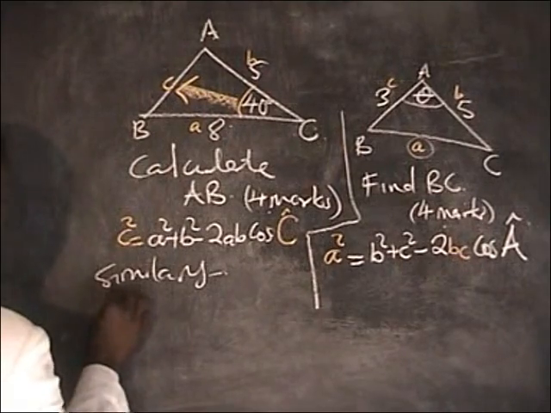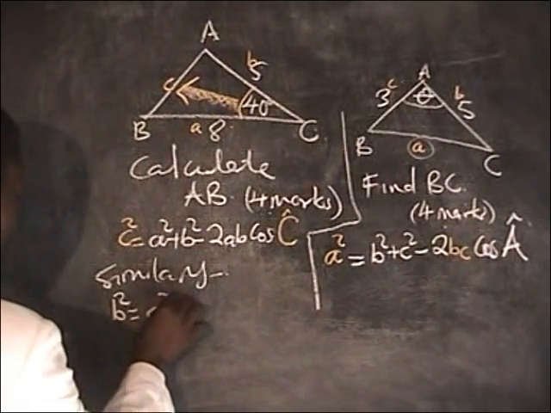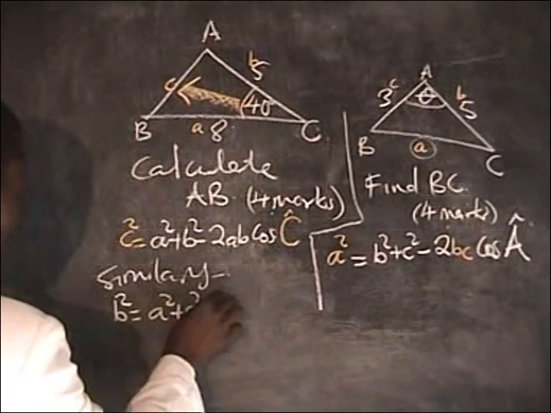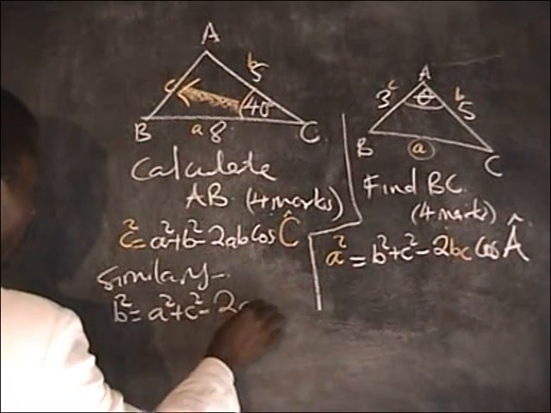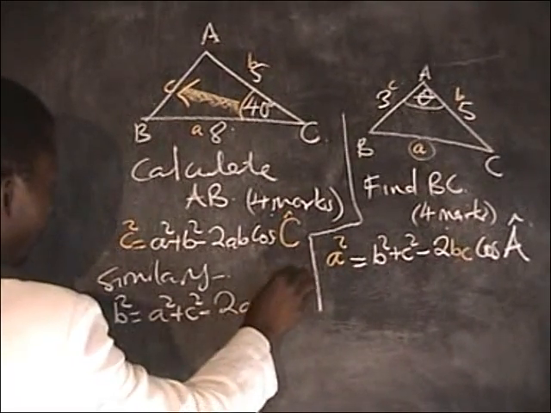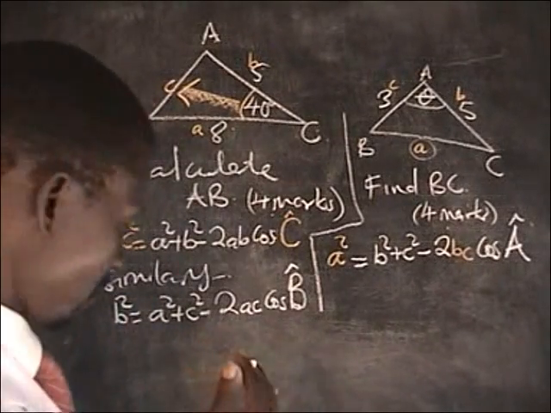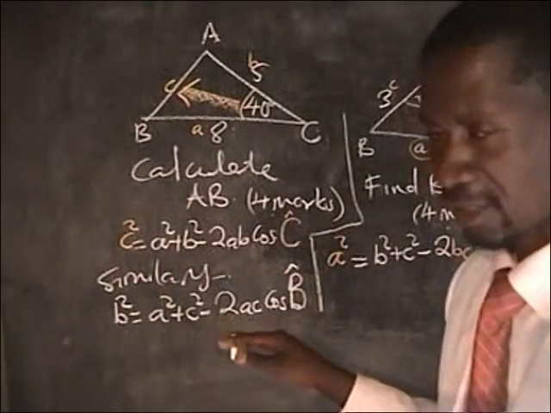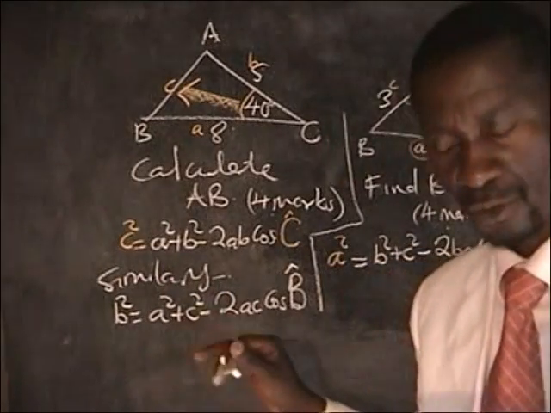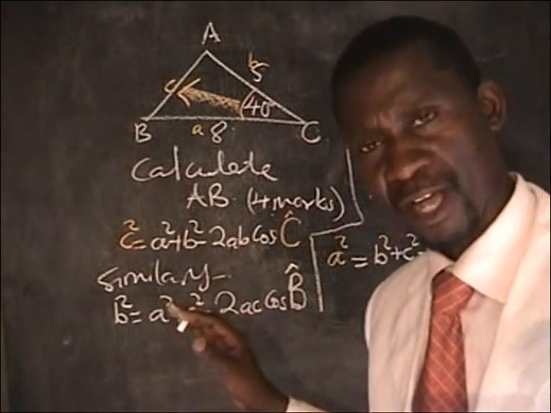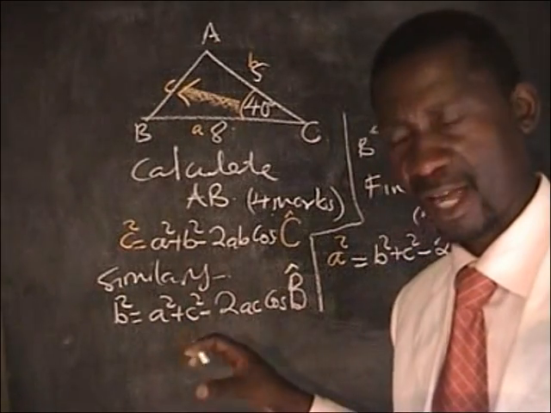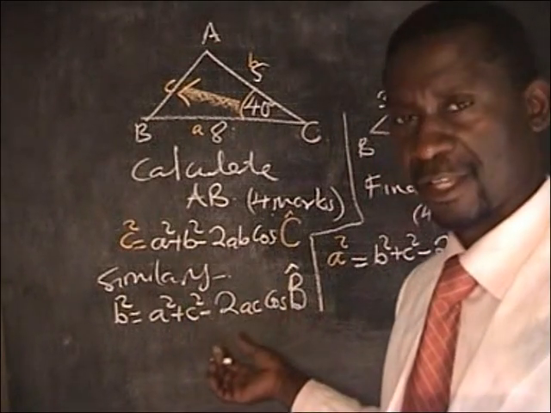So the formula should be small letter b squared equals a squared plus c squared minus 2ac, then cosine big B. You have to take your time, make sure that you understand how to present that formula for you to be able to handle questions that can be examined under cosine law.